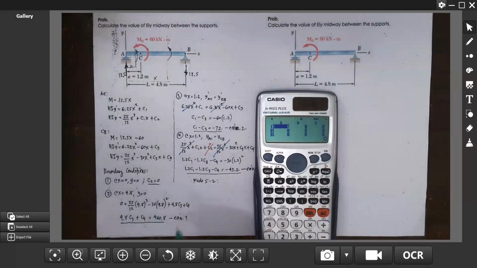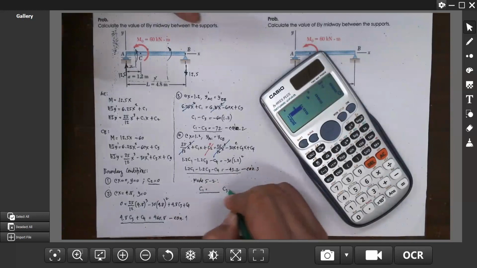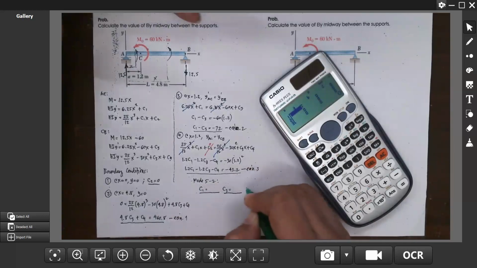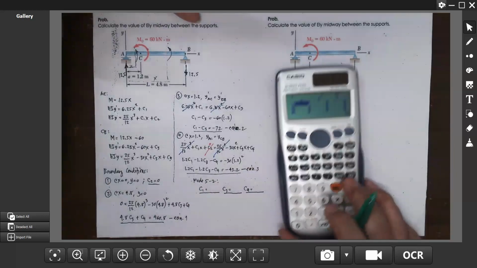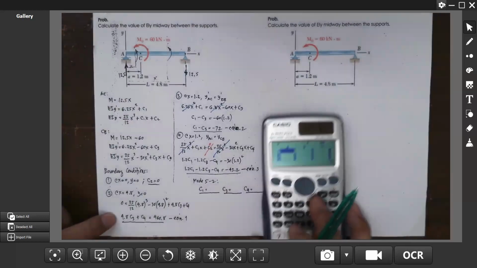Ang atong kuha na ni C1, C3, and C4. So, sa equation 1, 0 ang C1 dire.